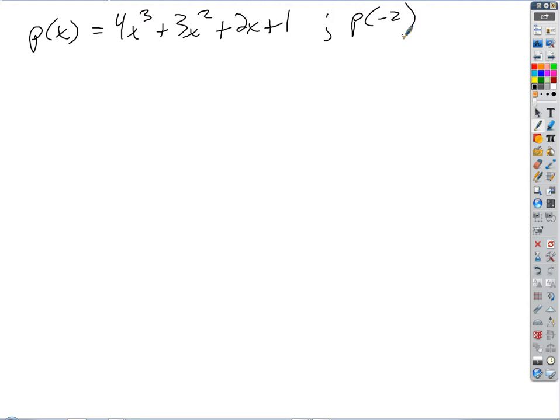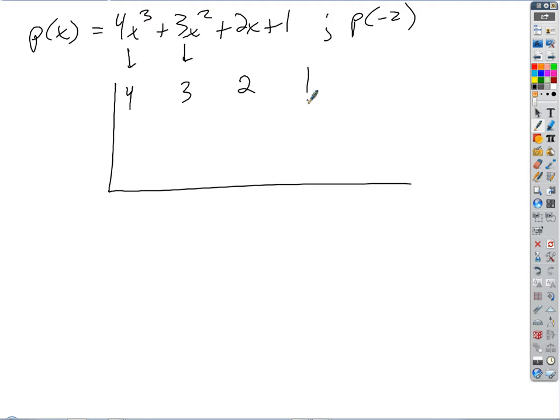Here's a couple ways you can write this bracket. Our textbook does it a little differently, but usually it's written like this. You write it as a big L, and then you put the coefficients of the polynomial up here. So this is going to be a 4, 3, 2, and 1. And you can't skip any rows. If there's a missing term, like a missing power of x, you have to put a 0 coefficient in there.